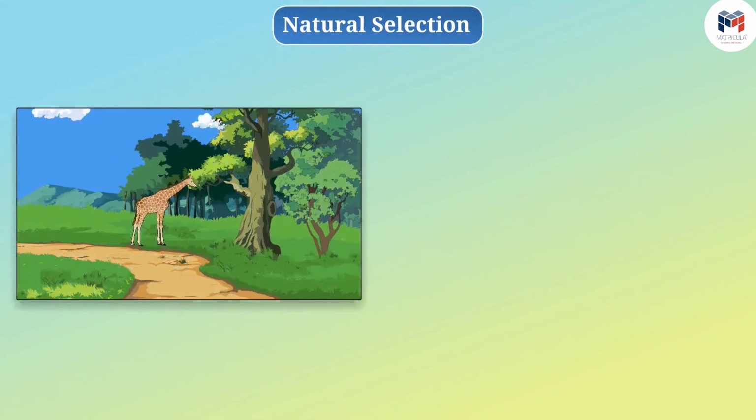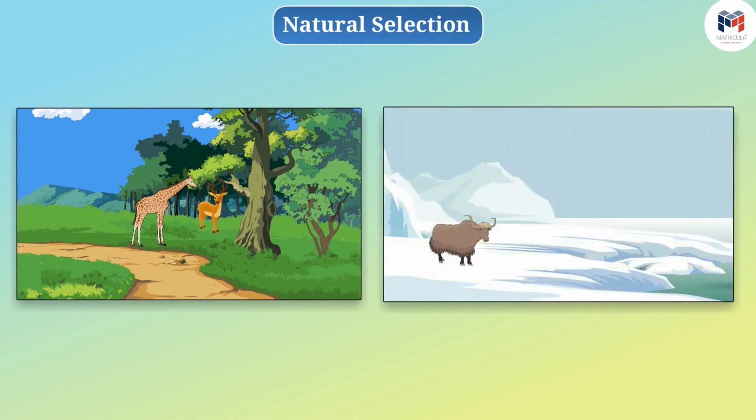For example, some organisms are taller in height. They can eat the leaves and fruits of tall trees, which lower living organisms cannot. The skin of some creatures is thick, so they can live in a cold region. But thin-skinned creatures are unable to live in a cold state.